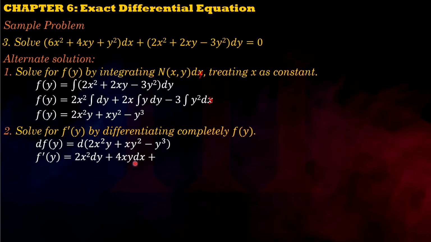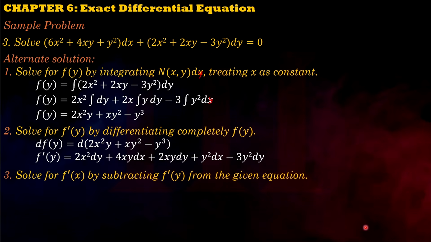So again, product rule, the derivative of y squared is 2y times dx, dy, plus the derivative of x is simply dx times y squared, so we will come up with y squared dx, minus 3y squared times dy.